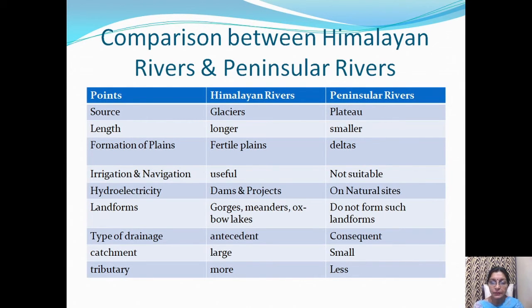Catchment area and tributaries are more for Himalayan rivers and less for peninsular rivers. Ganga, Brahmaputra, Indus, Yamuna, Ghaggar are a few Himalayan rivers, and Godavari, Krishna, Kaveri, Mahanadi are a few peninsular rivers.